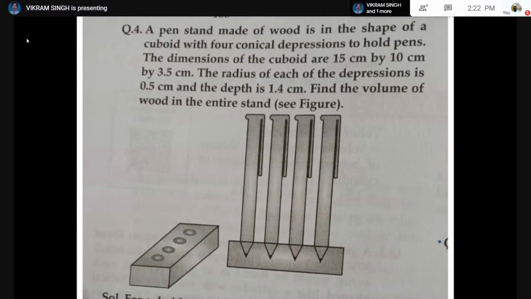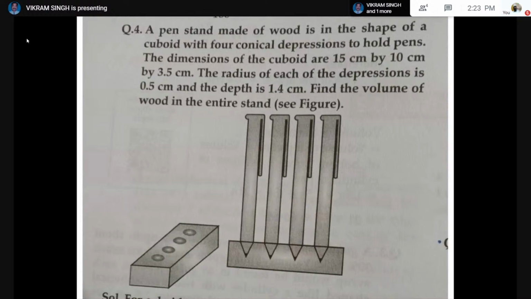Actually, this is the pen stand usually found on the tables of officers or students. This is the pen stand, and we are discussing it. A pen stand made of wood is in the shape of a cuboid with 4 conical depressions at the ends.